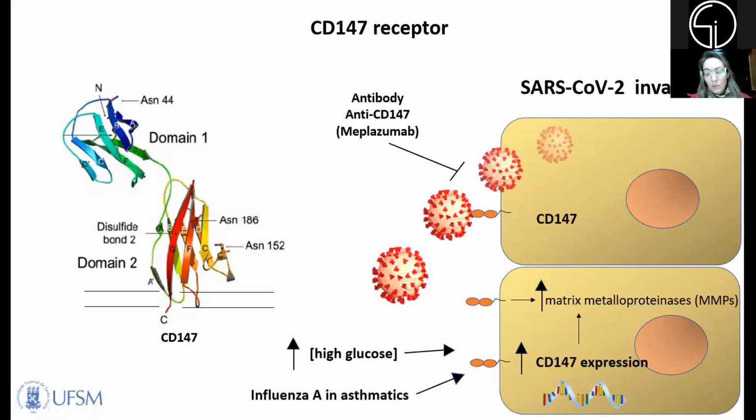It's well known that MMP functions in monocyte migration. So inhibition of CD147 could have beneficial effects in prevention of diabetic complications involving inflammatory processes, including COVID-19.